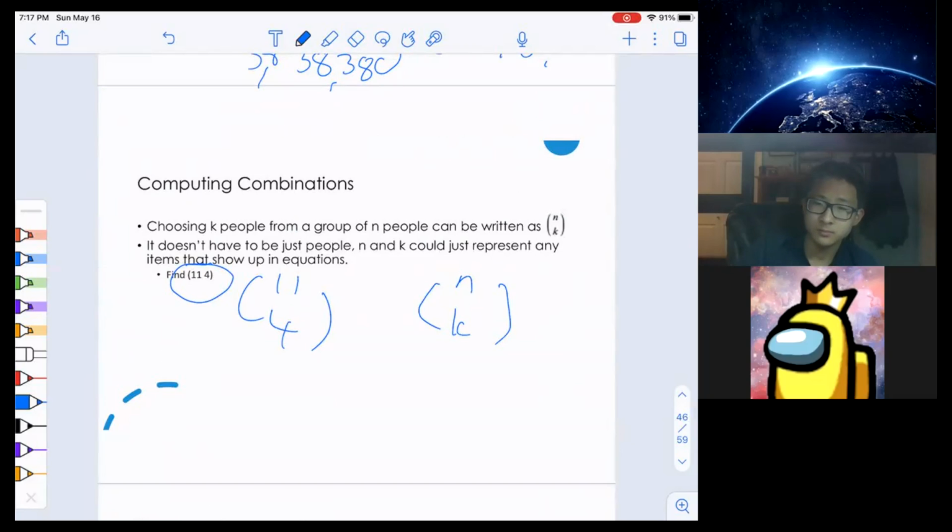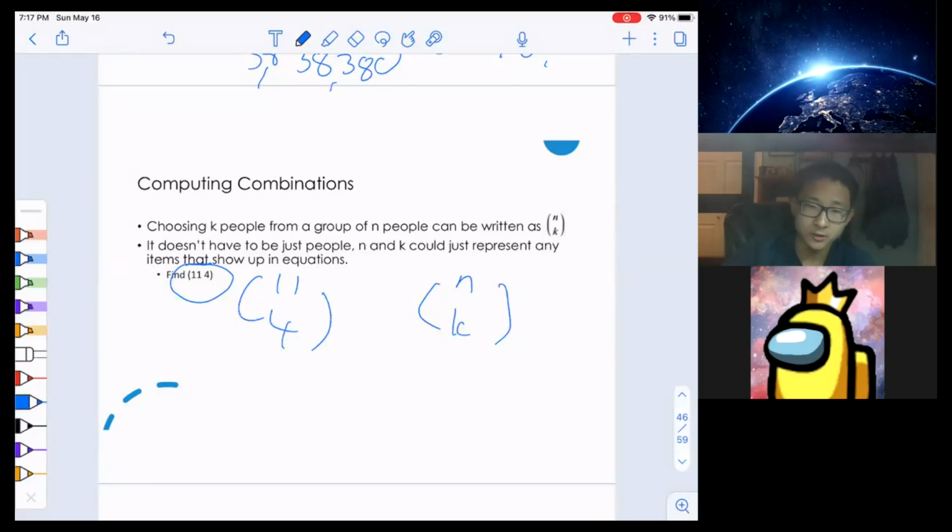So for 11 on the top and 4 on the bottom, it's a little like the factorials. You pick the first of four numbers, multiply 11 factorial, and then stop there.